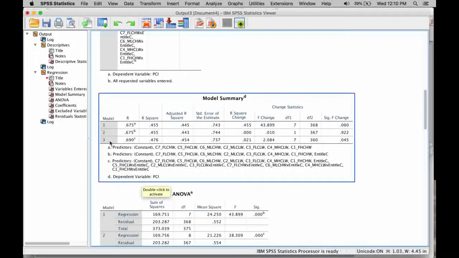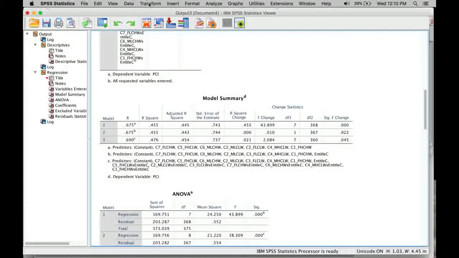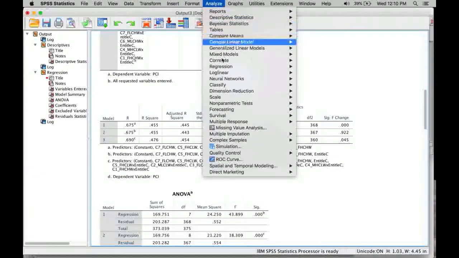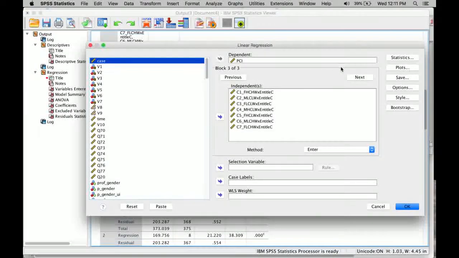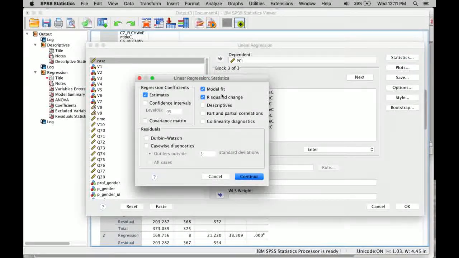Every time we add a block, this model summary tells us whether or not the R-squared explained variance increased. And actually I might not have shown you when you're doing your regression linear, to get the increased R-squared, you actually have to go into statistics and make sure this R-squared change box is clicked here.